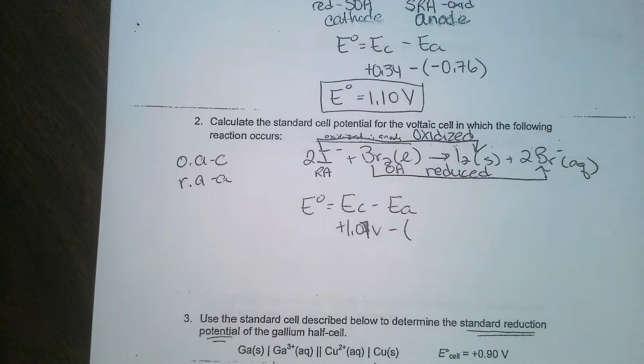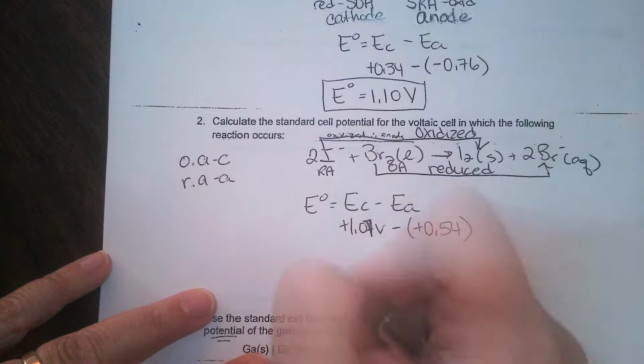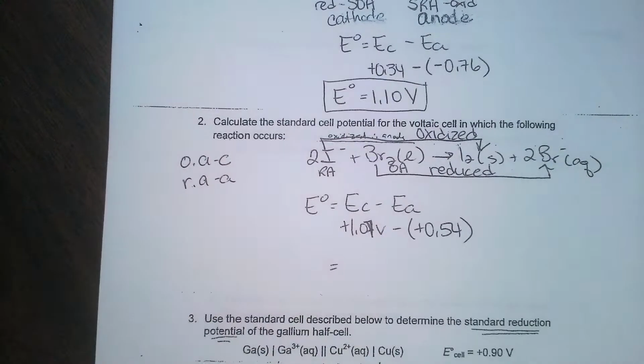What about the anode? How much? Positive or negative? So 1.07 minus 0.54, what am I going to get for a value?